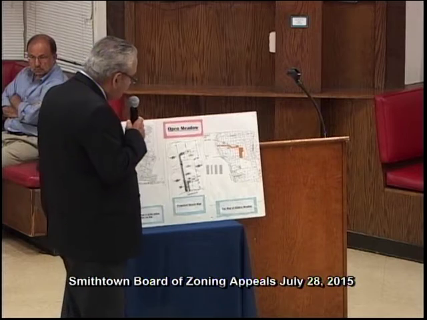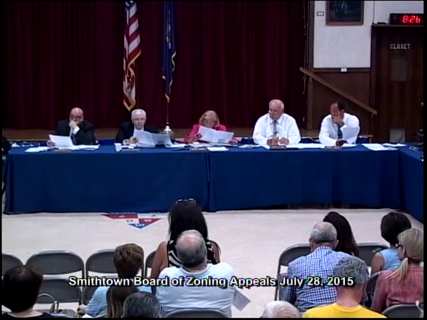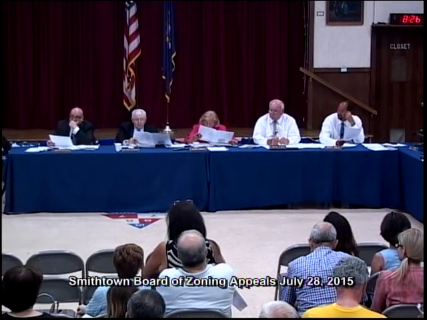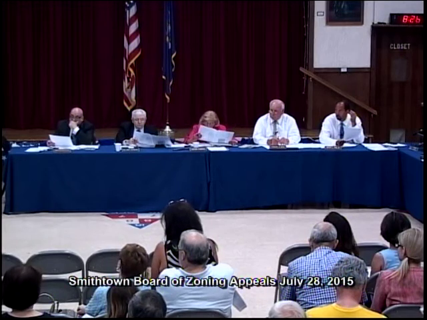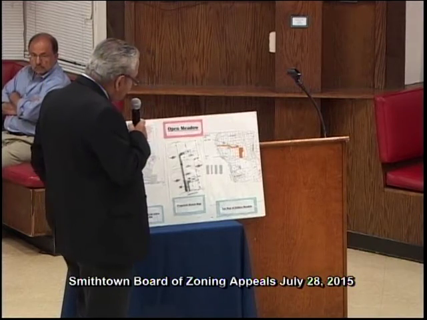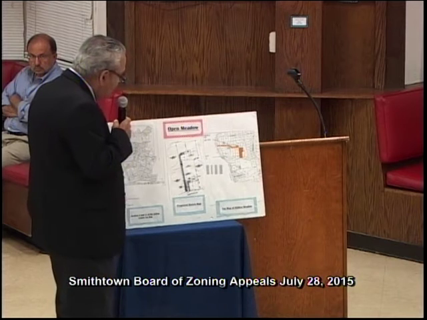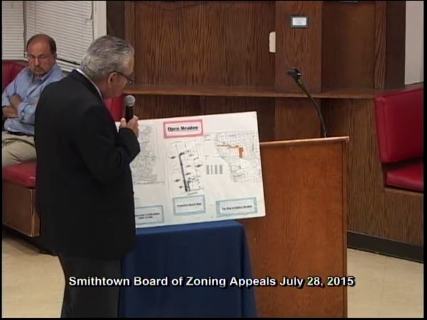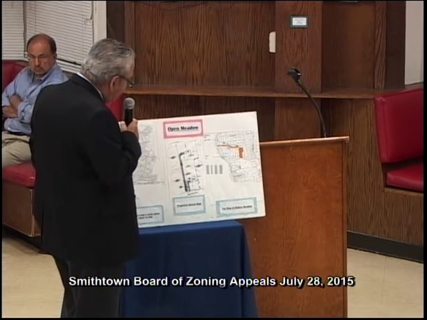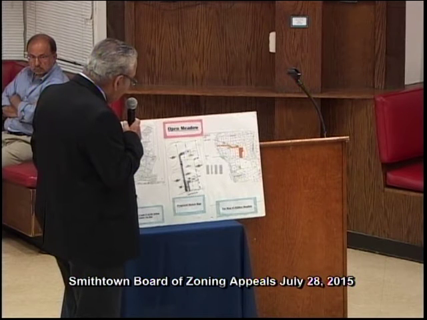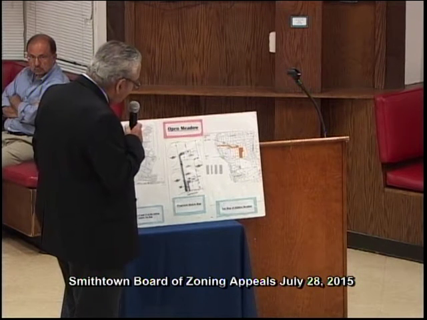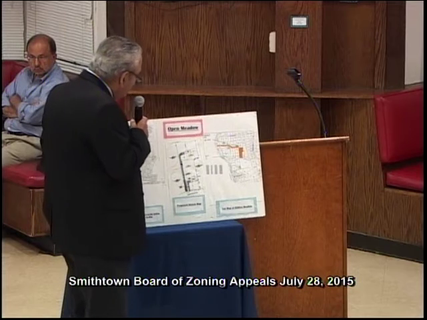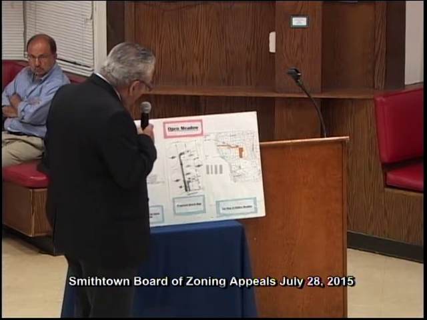There was a question of noise generated by the car going up and down this driveway to the back, and it's really no different than any car riding down a long driveway. The application, the way it's set up now, is the best alternative that we have.